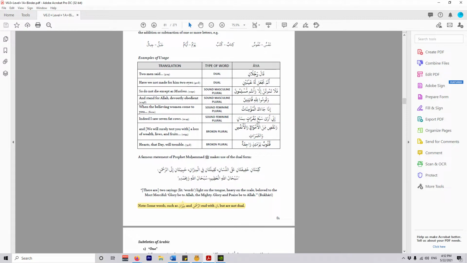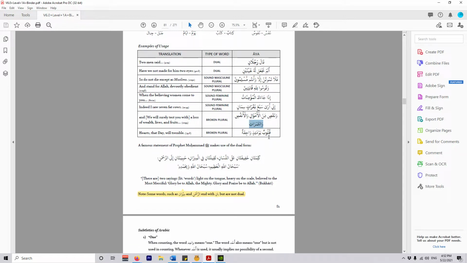Another plural form of it is anfus. So al-anfus. And so both of those are types of broken plurals. And then thamarati. Can anyone guess what a thamarati is? It comes from singular thamra. So that is a sound feminine plural right there from the word fruit. Thamra.